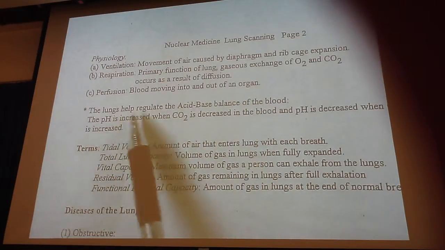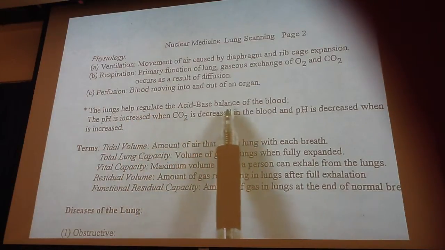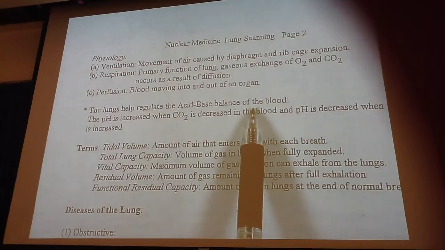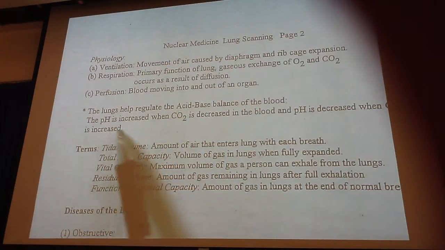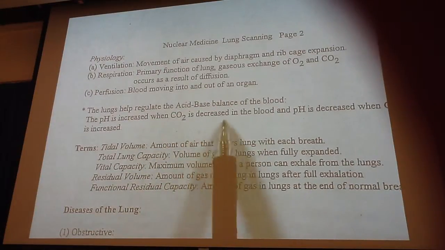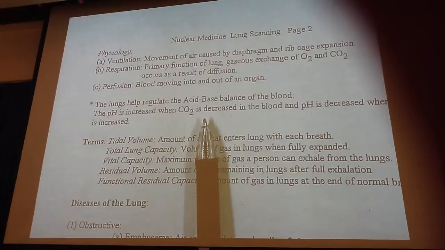The other thing I put in here that's important that the lungs do is regulate the acid and basic components of the blood. So I said when the pH is increased, carbon dioxide is decreased. What does that mean in English? Blood becomes more basic as the bicarbonate goes down. Okay.